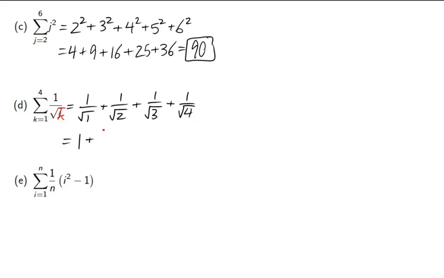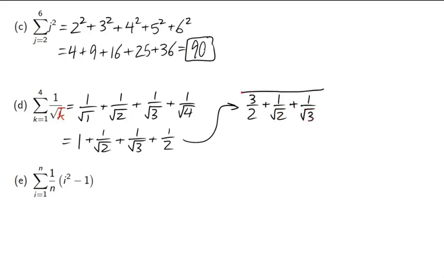I get 1 plus 1 over the square root of 2, you can't do any better. 1 over the square root of 3, you're rather stuck with, and I do get a 1/2. So just to write a clean final answer, I get 3/2 plus 1 over the square root of 2 plus 1 over the square root of 3, and that's about as good as it's going to get. I would have been satisfied honestly right here, though, at the very beginning.